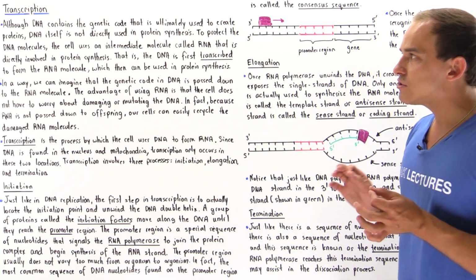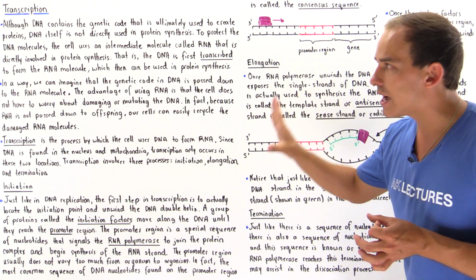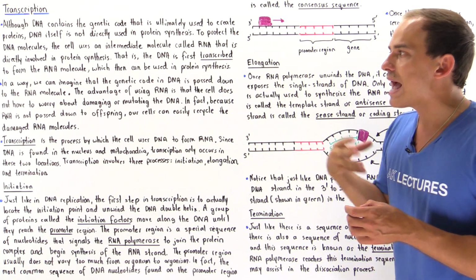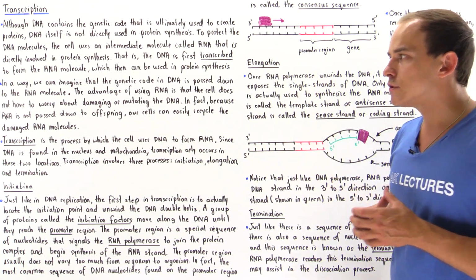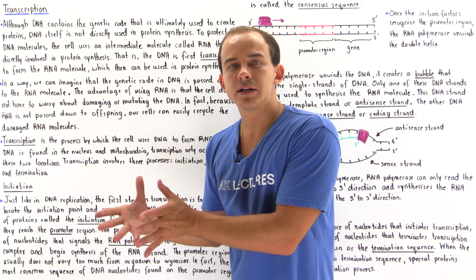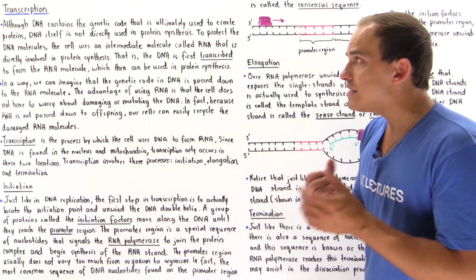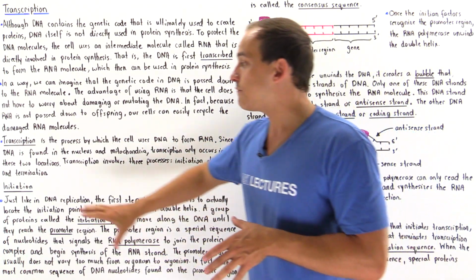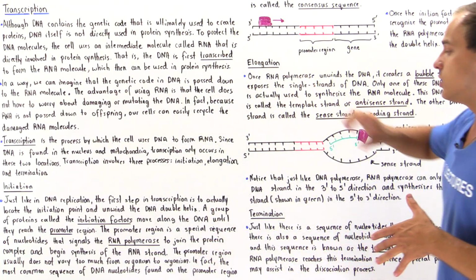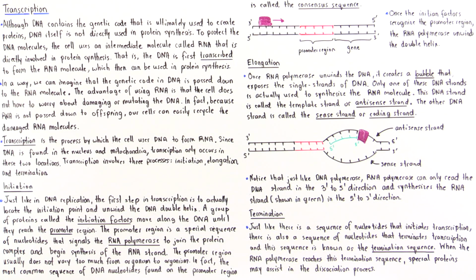So once again, transcription is the process by which we basically transfer the genetic information from DNA to RNA. And there are 3 stages of transcription. We have initiation, we have elongation, and we have termination.